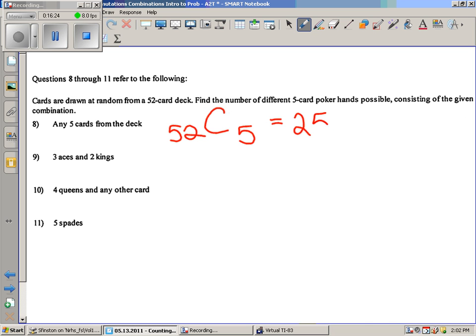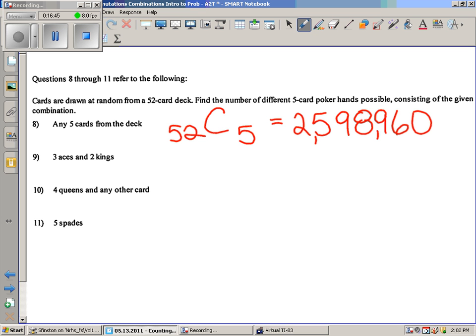Okay, 2598 what? 960? That is 2.5 million different hands possible. That's 2.5 million hands, and the calculation took out doubling. That's crazy.